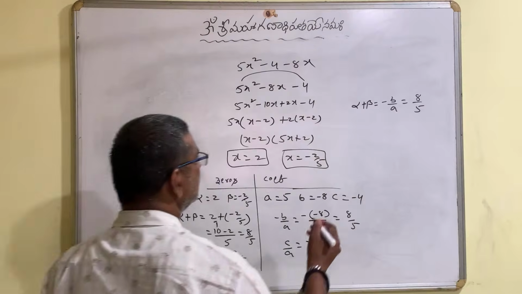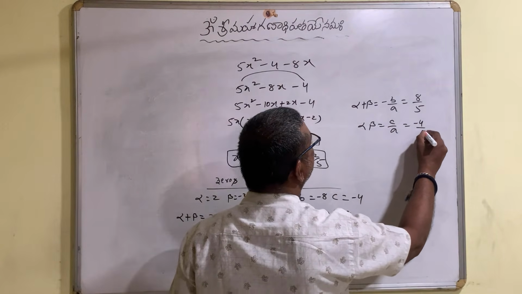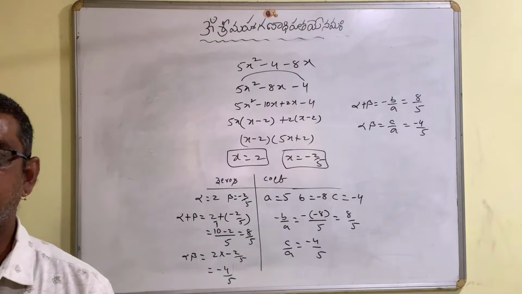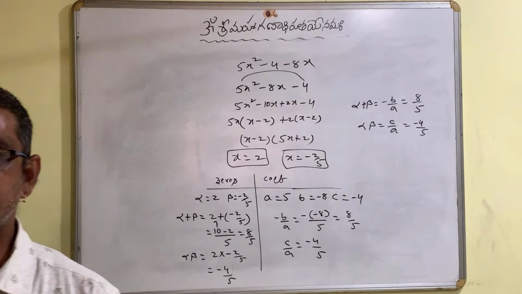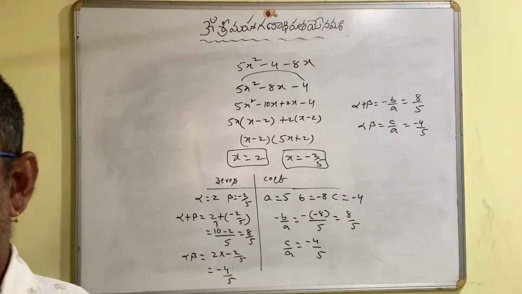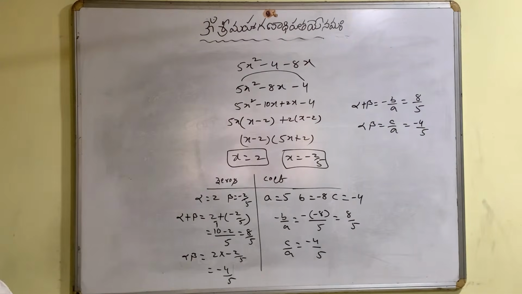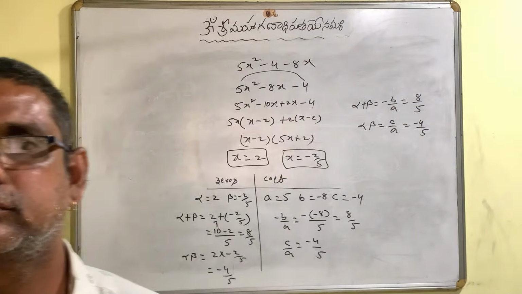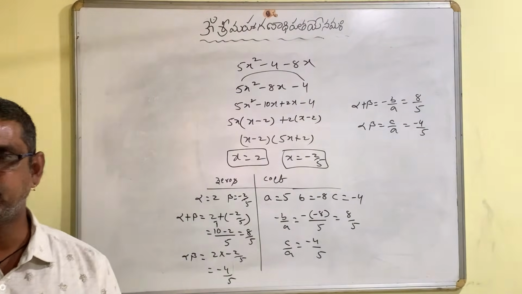And alpha beta and c by a are both negative 4 by 5. Is that understood? Okay na?